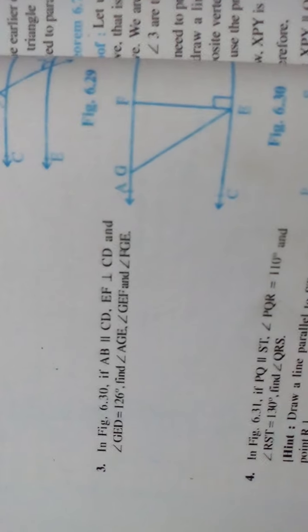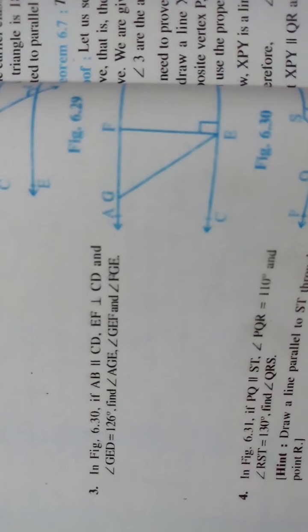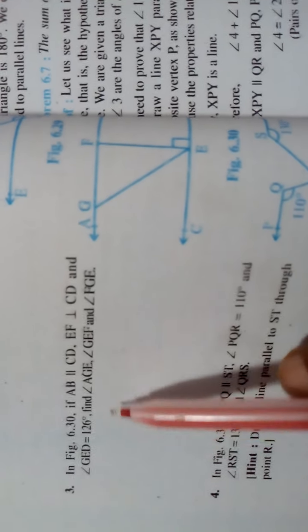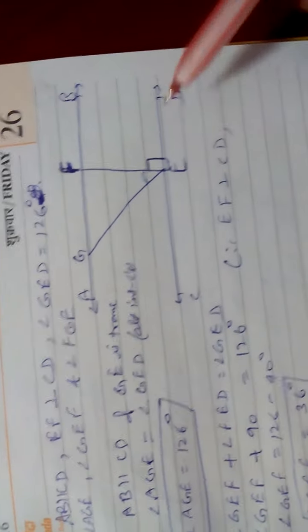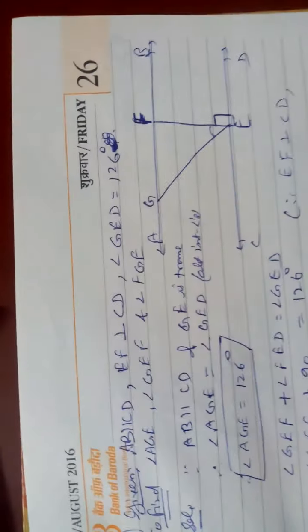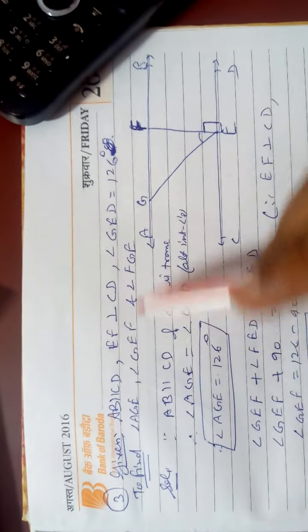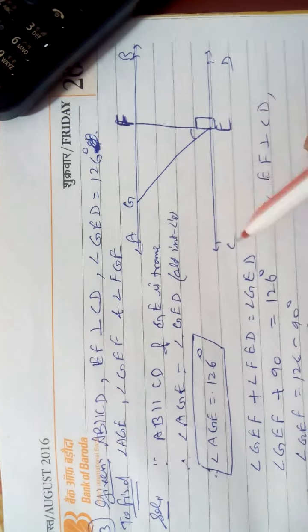Third question is given in this figure. AB is parallel to CD and EF is perpendicular to CD. Two angles are given, GED is 126 degrees. Find these three angles. Here you see, this angle is given. You see AB is parallel to CD, EF is perpendicular to CD.